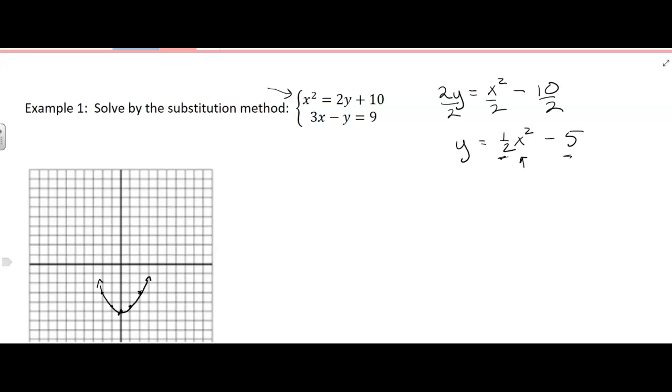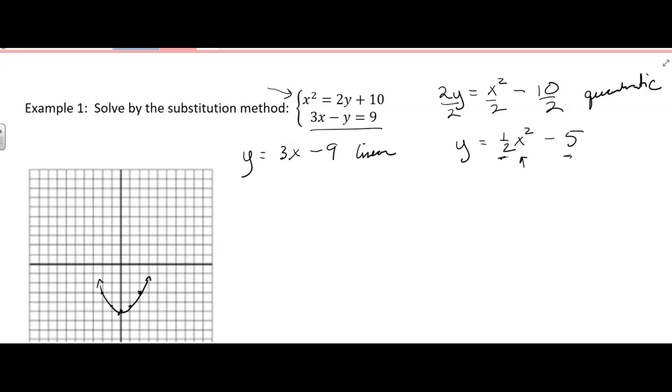Okay. Now, let's look at this. This is linear. It's a line. So let's go ahead and say 3x minus 9 equals y. So if you do the algebra and you move stuff around, you get something like that. And so we know because it's linear, this is linear. This was quadratic. This was a parabola. And in both of those cases, I was getting y by itself, which is one way you could do this problem.